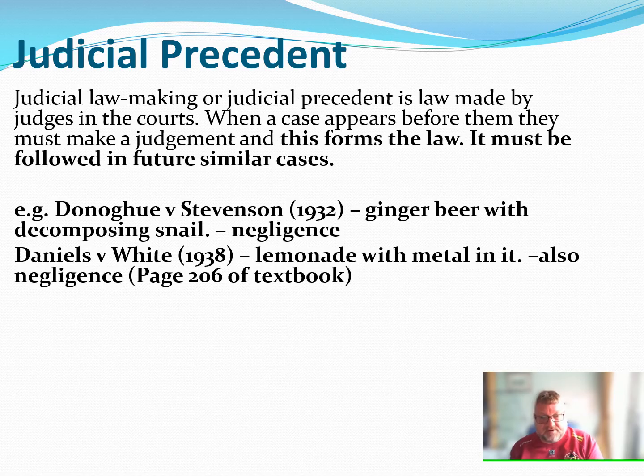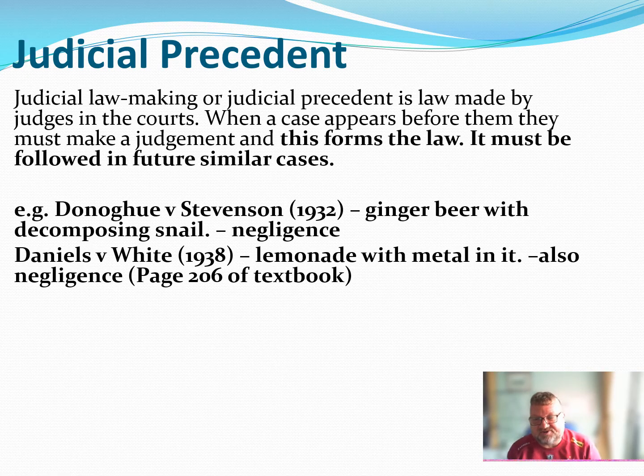So an example of this, and this is one I've just lifted straight from the textbook, was in 1932, the case of Donoghue versus Stevenson, where Stevenson had manufactured some ginger beer, which was bought by Donoghue, and when Donoghue opened up the bottle of ginger beer, he found a decomposing snail in it.